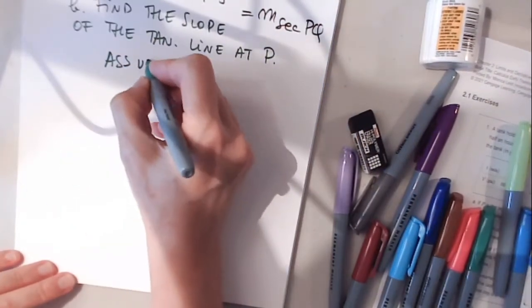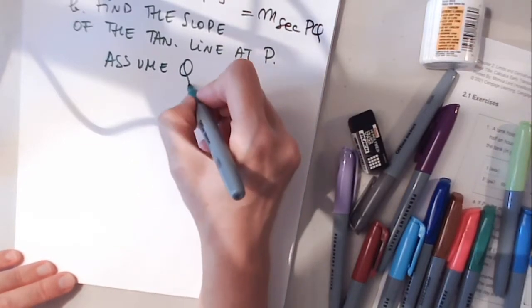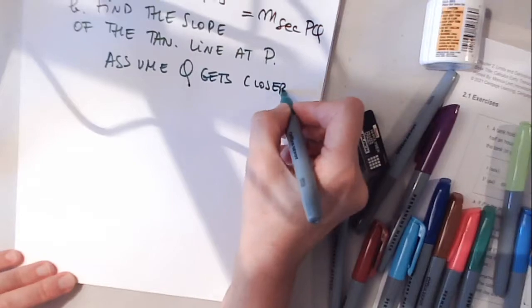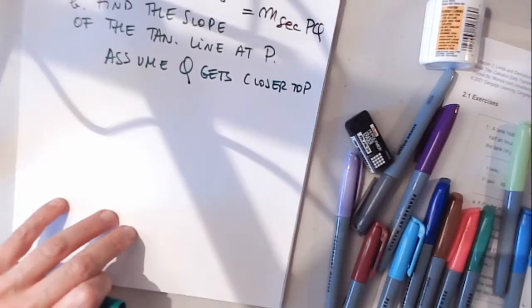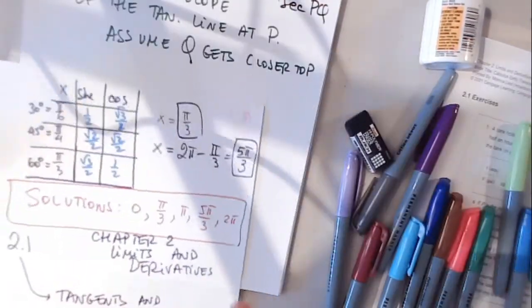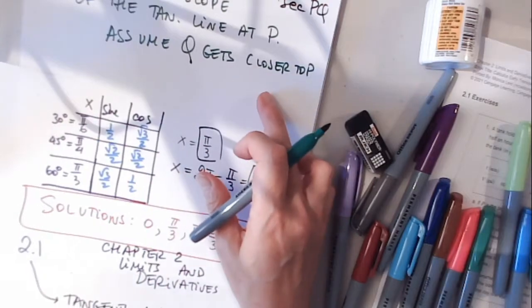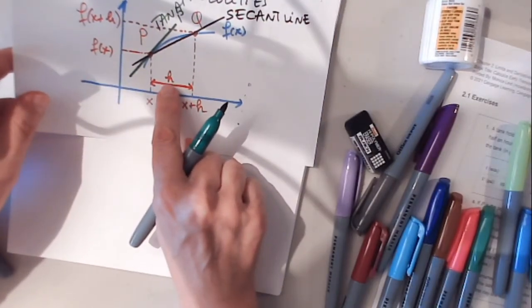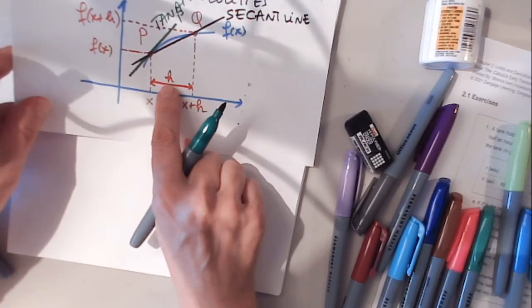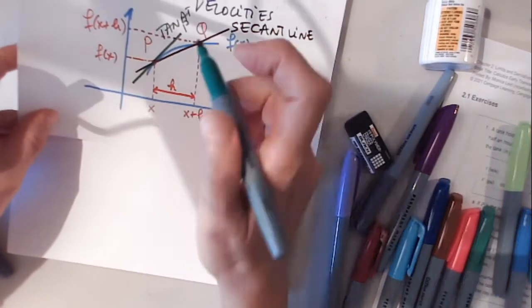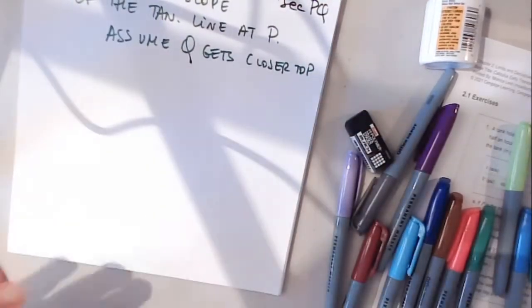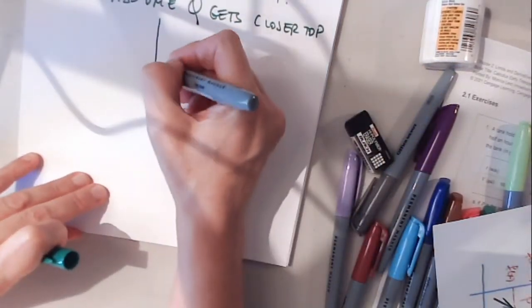Assume Q gets closer to P. Wait a minute. How can I make Q closer to P? Yeah, I'm going to make h smaller and smaller and smaller. And at some point in time, I will have this graph. I don't want to write it over there, so I'm going to have something like this.